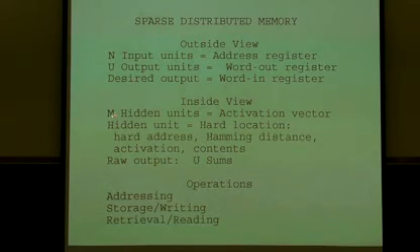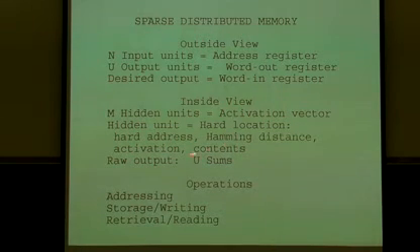Inside there are hidden units that produce the activation vector, and each hidden unit is called a hard location because you actually have some physical stuff that represents that particular address of memory.